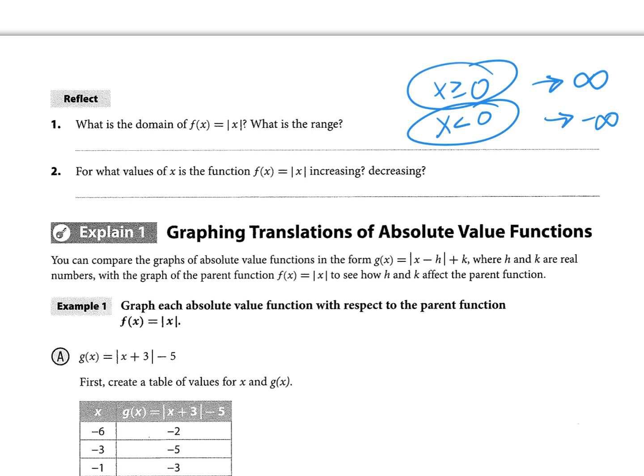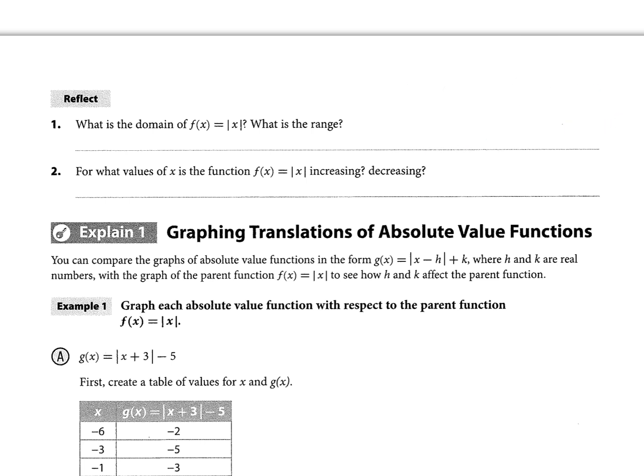So to write the domain, we are going to use the bracket and parenthesis notation. So domain goes from -infinity to +infinity. Since we can't actually reach infinity, we use the parentheses, but if it was ending on a specific point, we would use those square brackets.